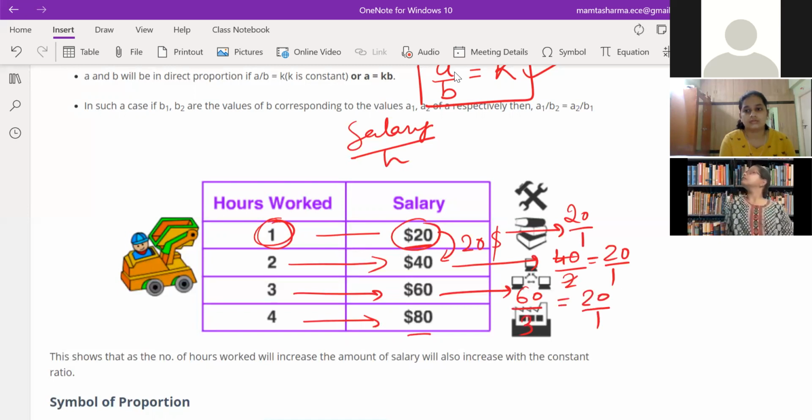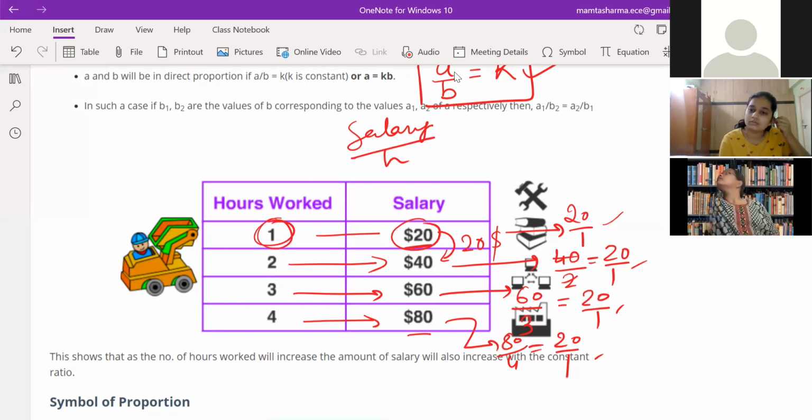It is 20 by 1 only. Similarly 80 by 4, it is 20 by 1 only. You can see in each and every case, the ratio of salary to hour is constant. Or you can also work out the ratio of hour to salary. That will also be the same. You can take any part in the numerator, any part in the denominator. The ratio will remain constant. That is the definition of a direct proportion.